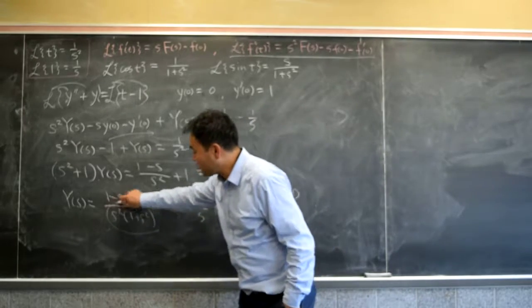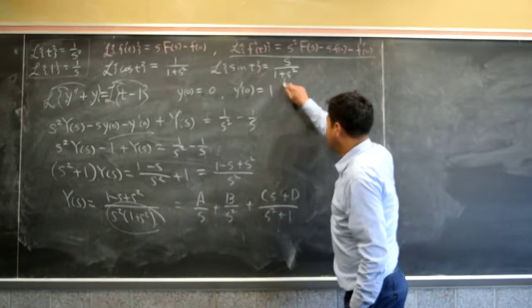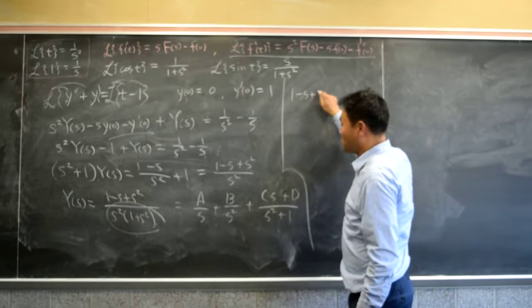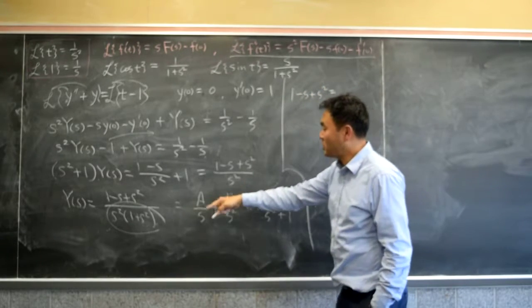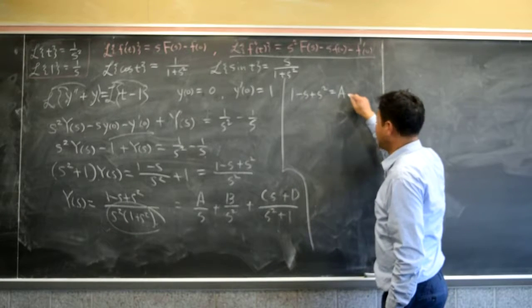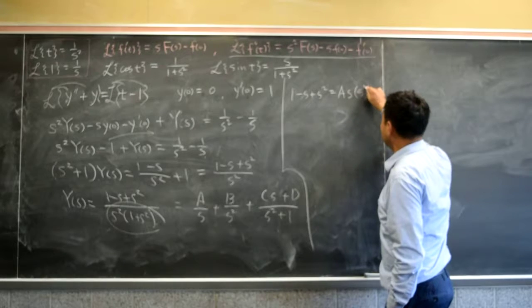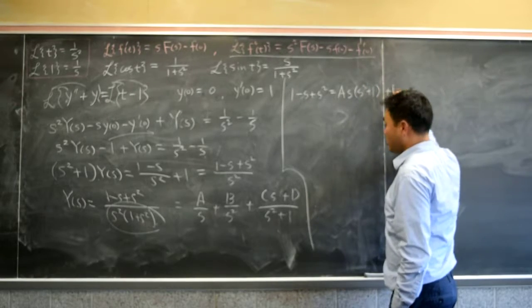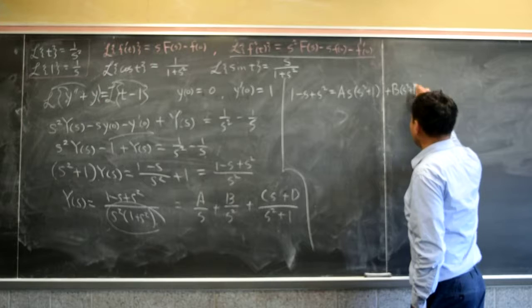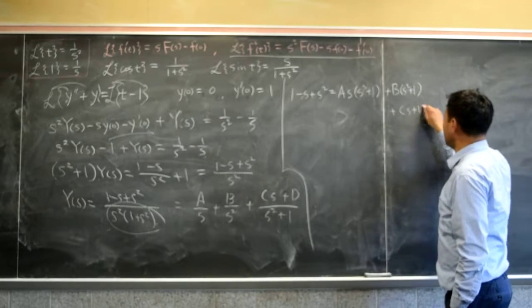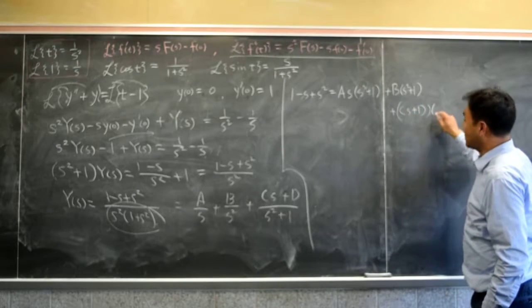Well, you multiply this to the other side. I'm going to do a more systematic approach later, but let's try to do this quickly. If you multiply it to the other side, you get A times s times (1 plus s squared), plus B times (s squared plus 1), plus (Cs plus D) times s squared.